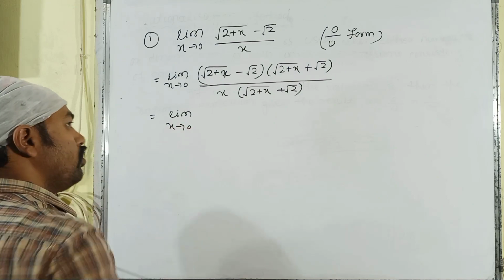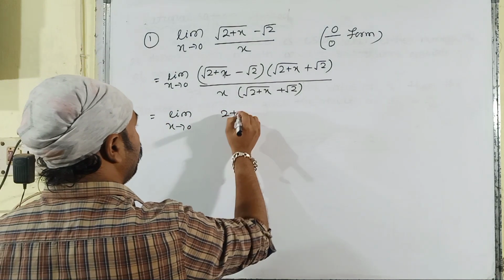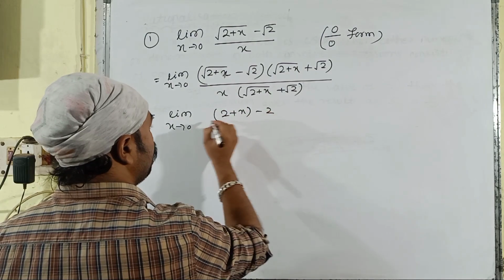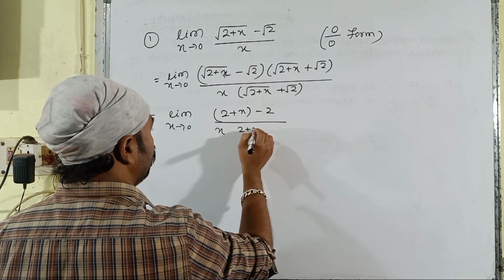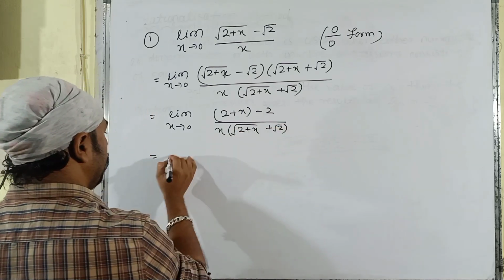We have used the rationalization method. So it will become 2 plus x minus 2 divided by x multiplied with square root of 2 plus x plus square root of 2.